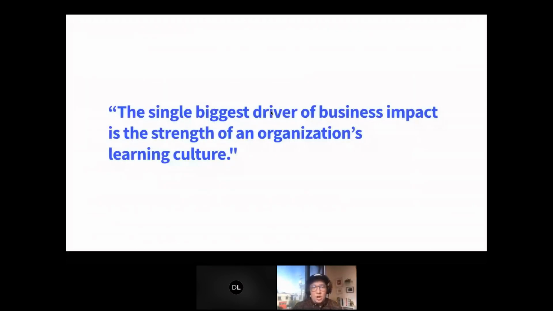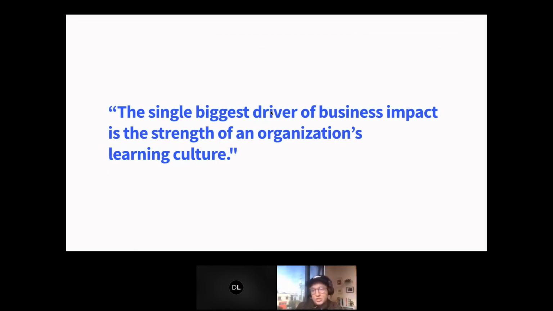I'll leave you with a quote here: the single biggest driver of business impact, I believe, is the strength of an organization's learning culture. And we see this in other places, like in the HR space or in talent acquisition, or when you're interviewing for a company. Oftentimes it will come up: what are you learning, or how do you learn?